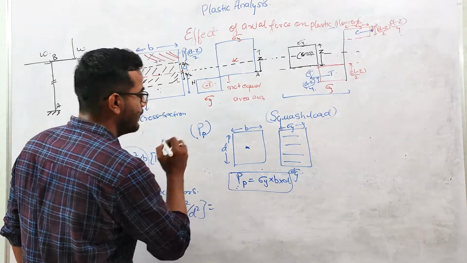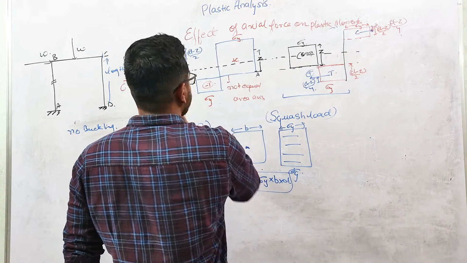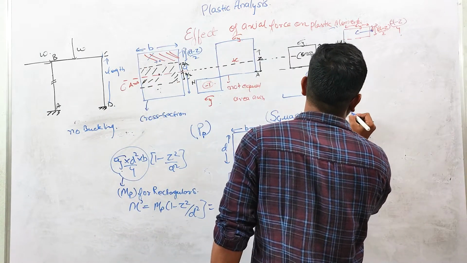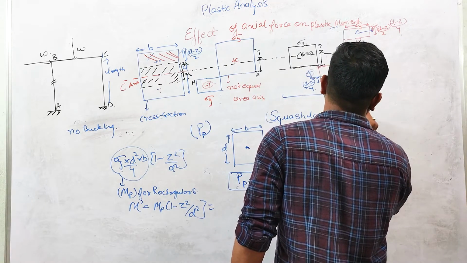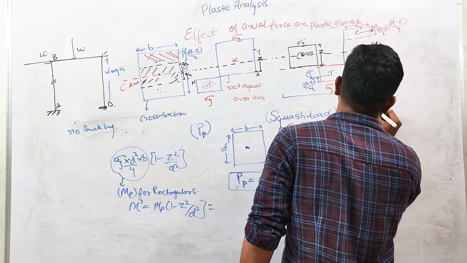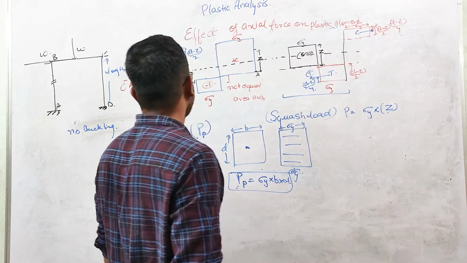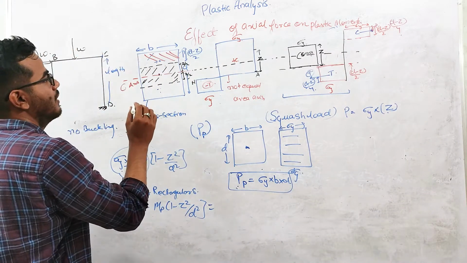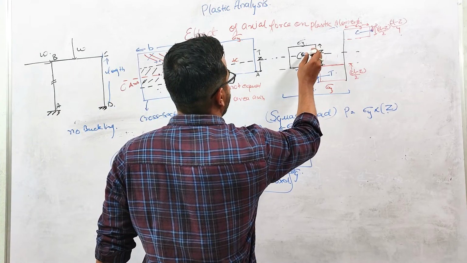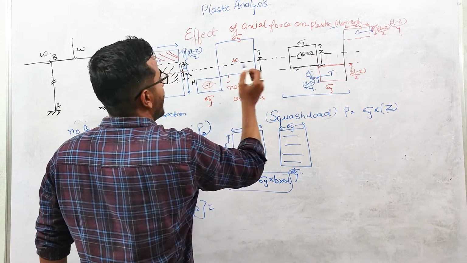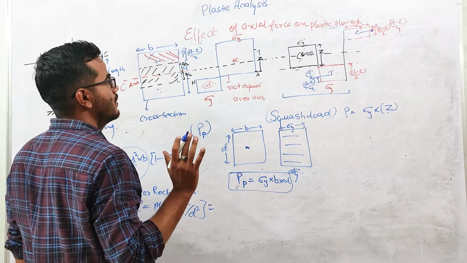And if you come to this part, due to load P, the P load value will be sigma y into B into Z. In our problem, the P load is acting at the center, and it is generating this stress distribution.